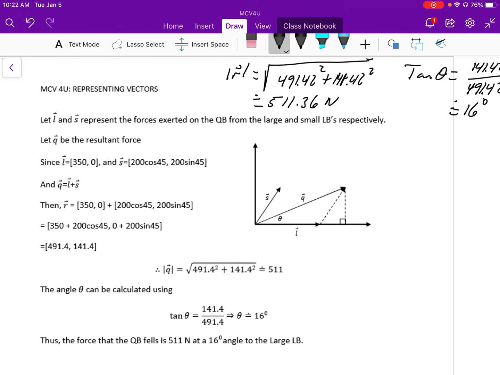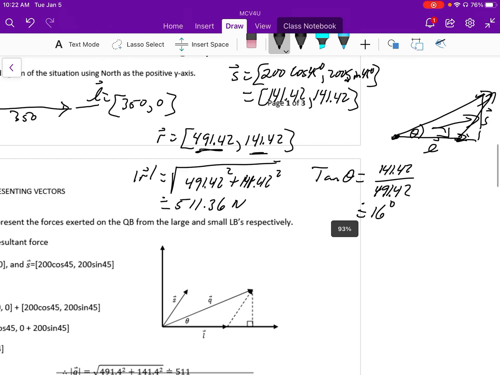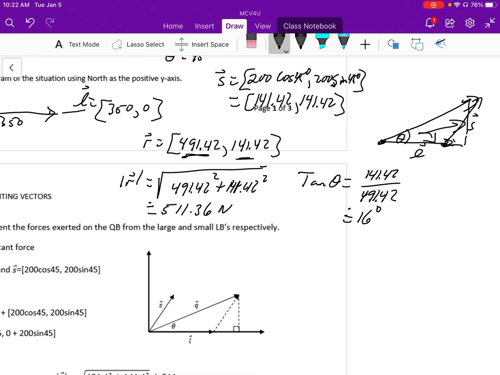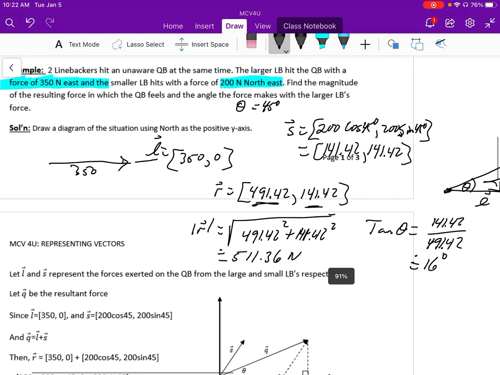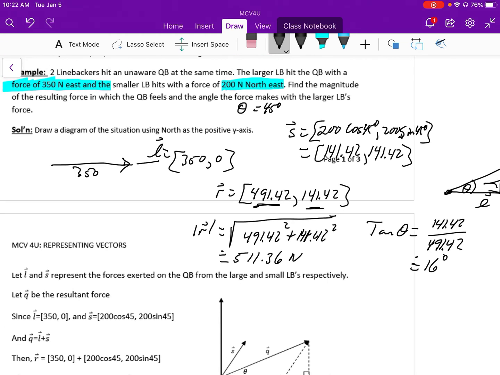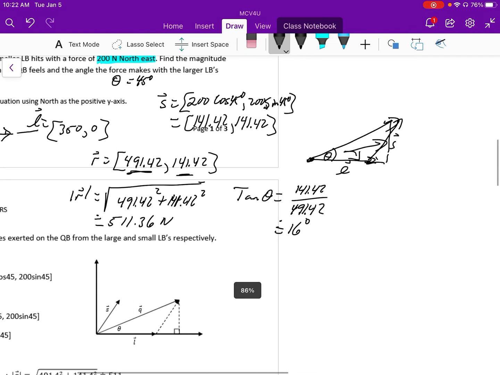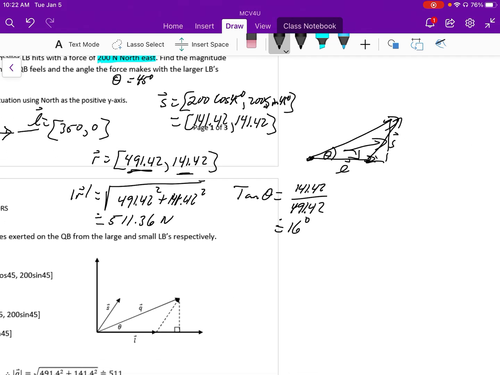Now, if we were to compare the two answers, maybe with just these two vectors being added together, it may seem almost the same amount of work. But what if we were to add a third vector on? What happens if three people basically gang tackle this one?